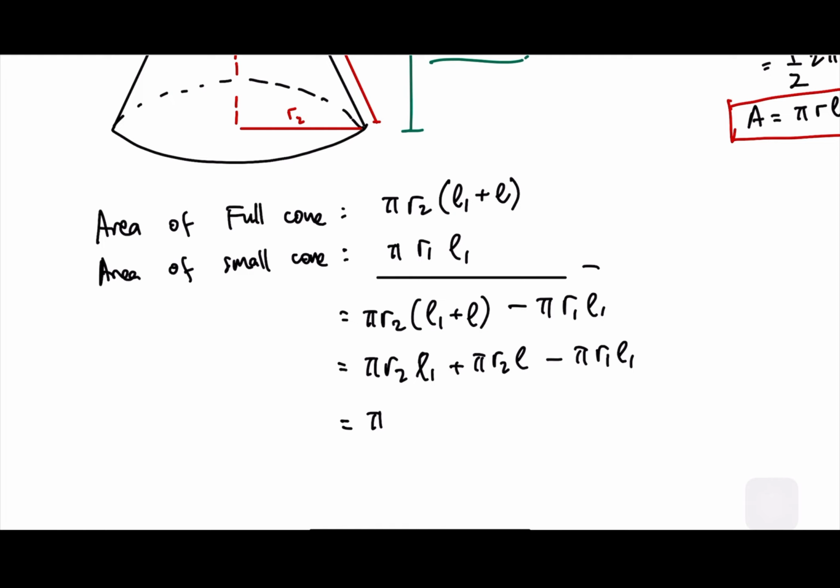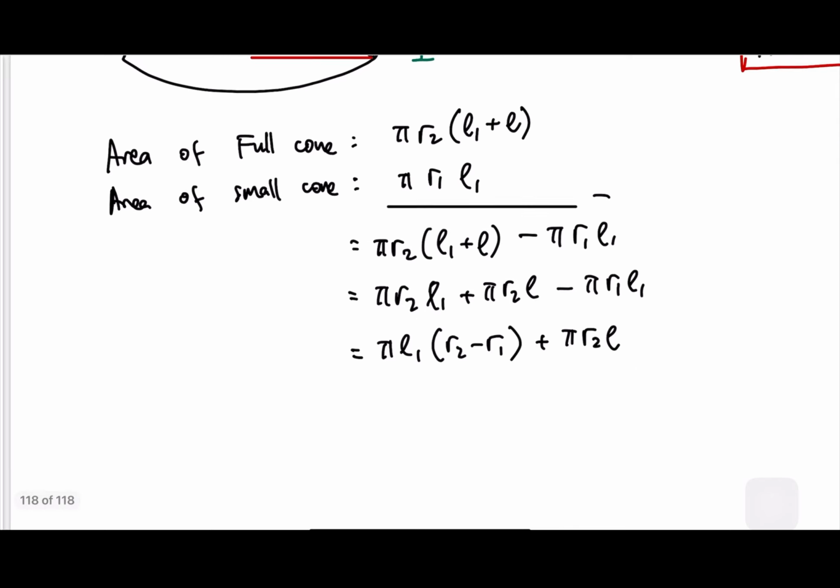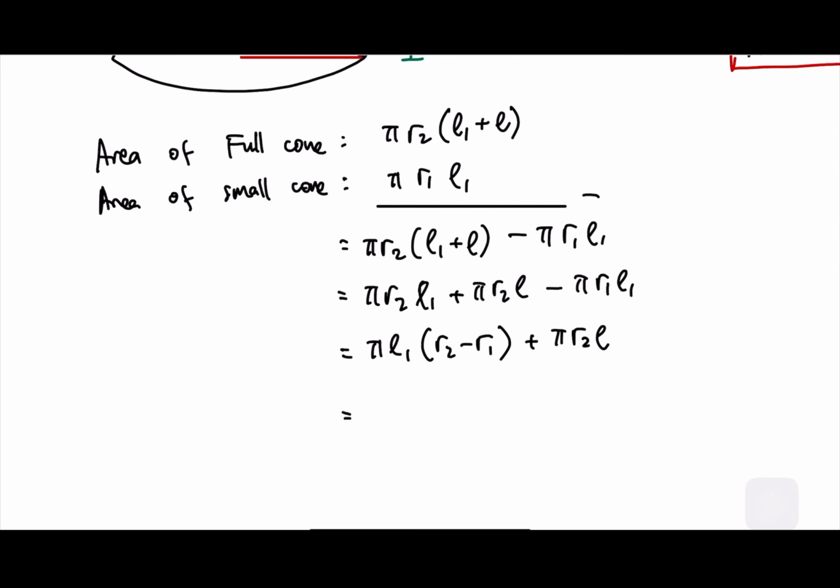Pi L1 (R2 minus R1) plus pi R2 L, and we can have pi (R2 minus R1) L1 plus R2 L. Okay, I think we can stop here.